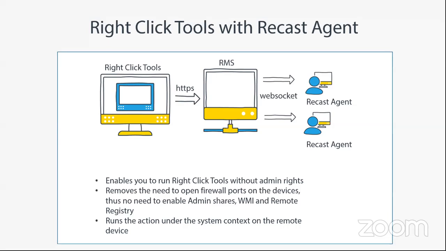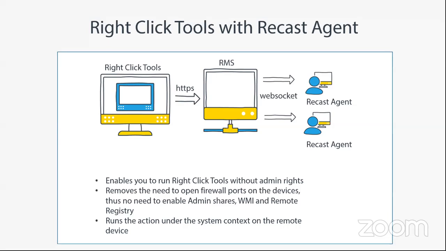By default, we have 2 routes configured. Now I'll talk through those in a little bit, but the first route is our Recast Agent route. When the user runs an action from the right-click tools and it gets sent to Recast Management Server, that routing layer will say, all right, do any of the targets of this action have Recast Agent installed? And is that target currently connected to Recast Management Server?